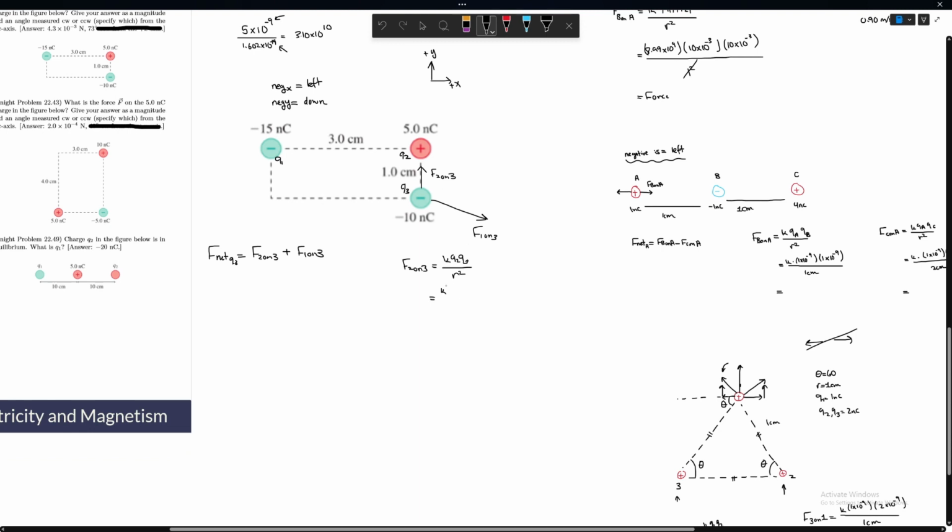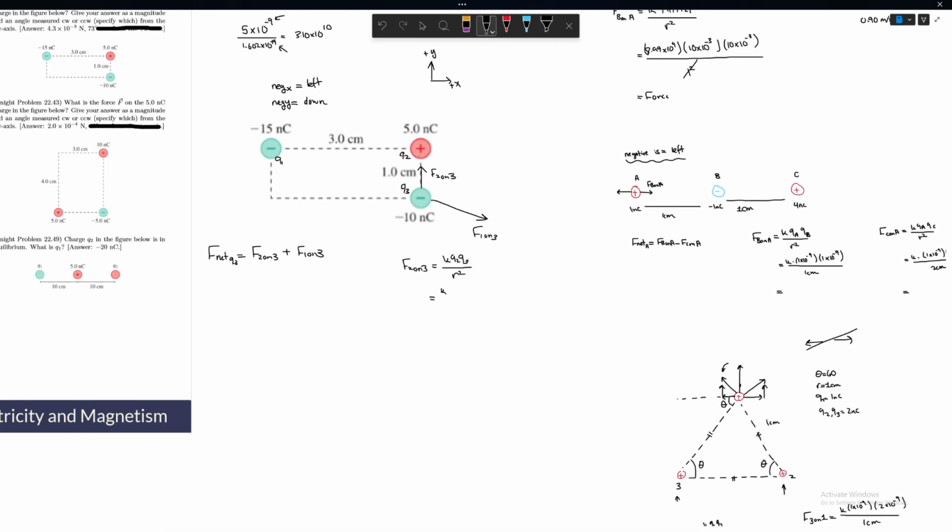Where's my Q2? There's my Q2, and it's 5 nanocoulombs. So 5 times 10 to the negative 9 times my Q3, which is 10 times 10 to the negative 9 coulombs. Convert them to coulombs.